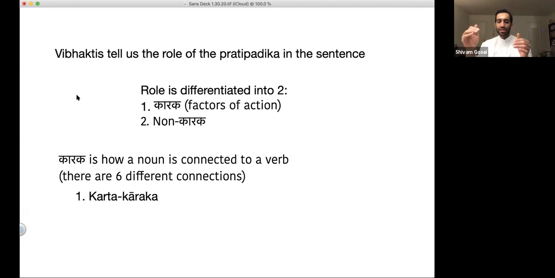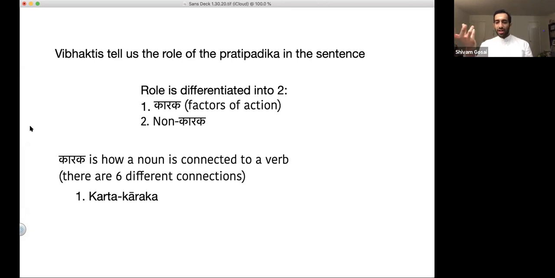Who is the karta or the doer of the action? Who sees? I see. So the karta, the doer of the action of seeing, is what we call the karta. That shows how the noun is connected to the verb. Who does it? I do it. And then there's 5 more, which we're going to talk about, but I wanted to give just one example of the karta karaka. Then we'll talk about karma.